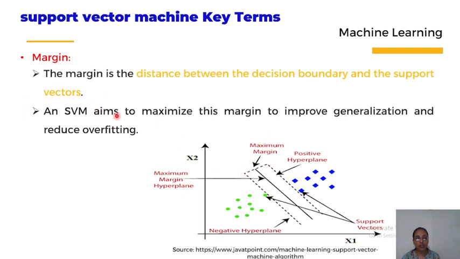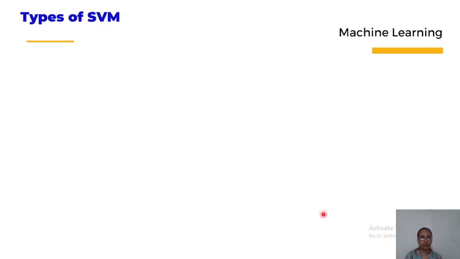SVM's aim is to maximize this margin to improve the generalization and reduce the overfitting. Here you can see this is the margin, this is the positive hyperplane, and this is the negative hyperplane, and these two are the support vectors.